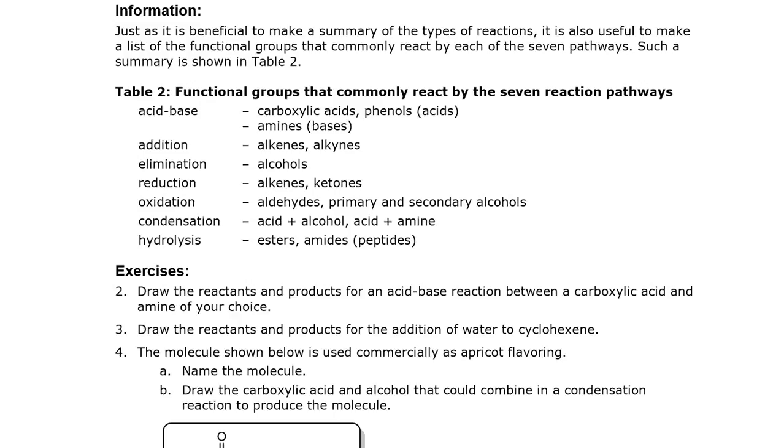So, for example, with the oxidations we've just been looking at, what functional groups are typically involved in those are aldehydes, primary and secondary alcohols, but not tertiary alcohols, because tertiary alcohols don't easily oxidize. So this is just some helpful information so that you can see what are the typical functional groups that are involved in those.